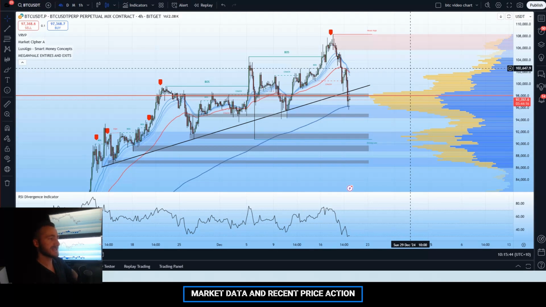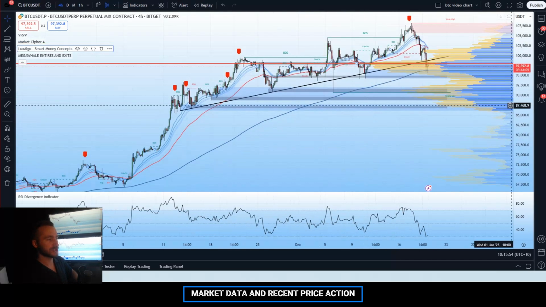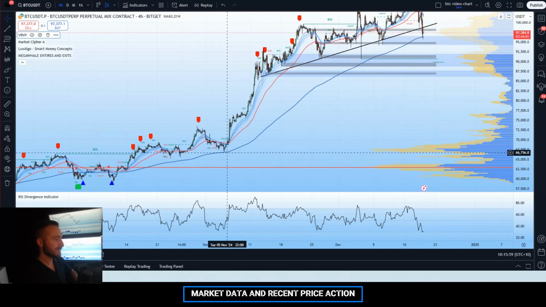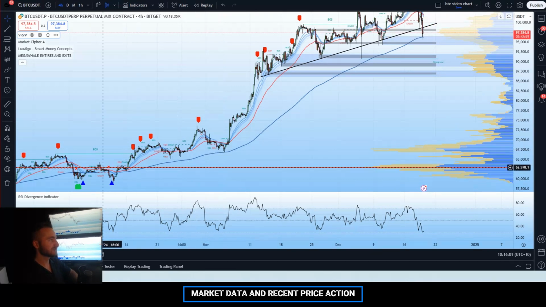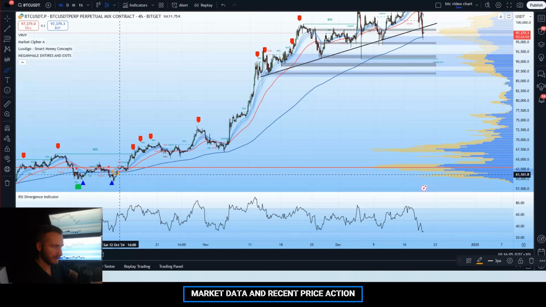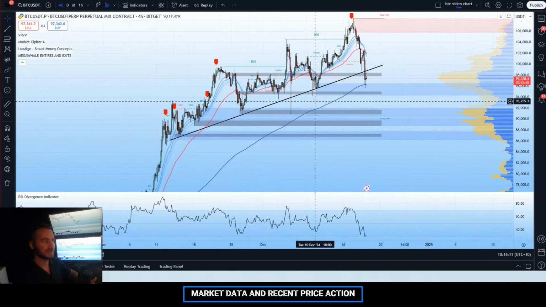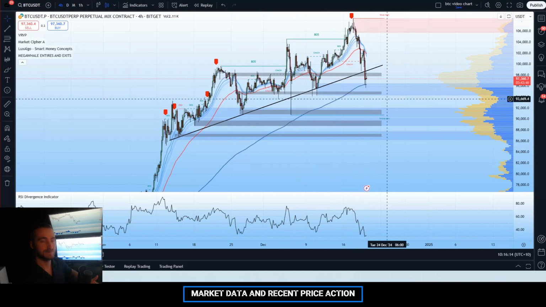And as a consequence of the breakdown from that level, we have seen a loss of the POC level at 99K, and we have retested the 200-day moving average, the 200 EMA, for the first time since all the way back at 66K, and since we broke above it all the way back on the 11th of October. So we are definitely starting to see a massive amount of weakness in the charts, and officially the price action is now looking bearish.